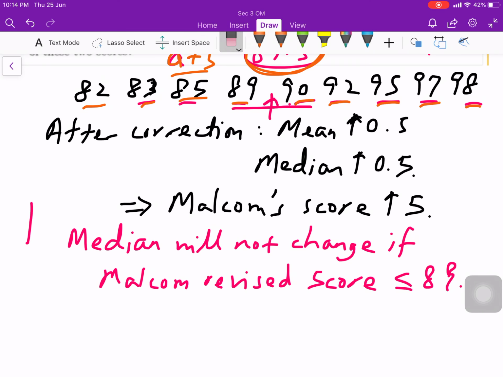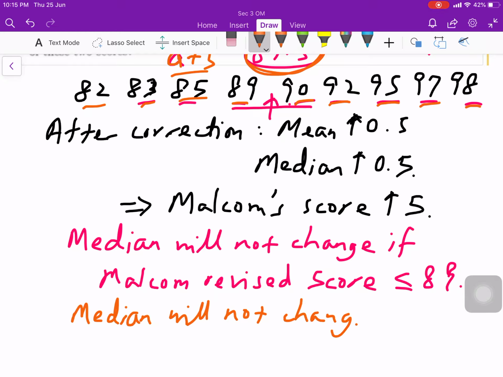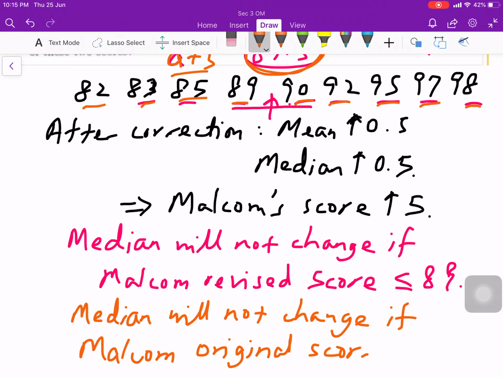And the next observation is that the median will also not change if Malcolm's original score is more than or equal to 92.